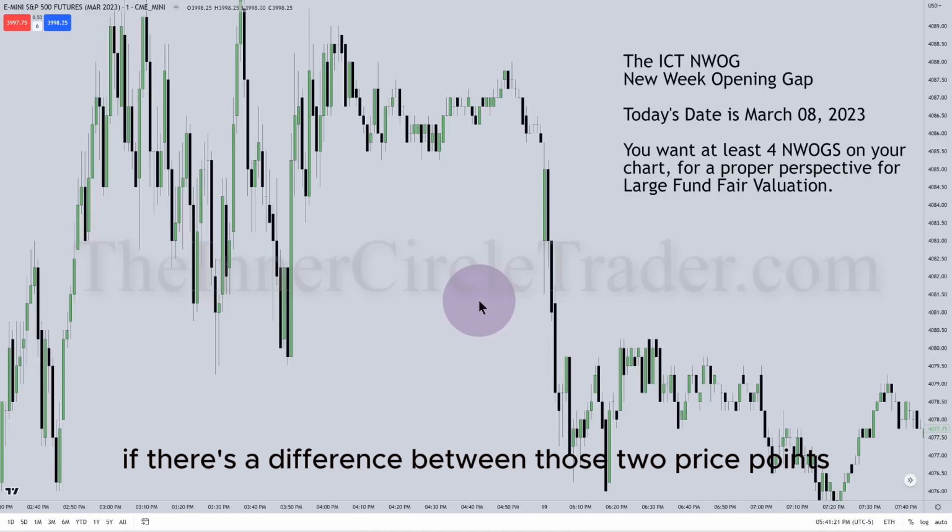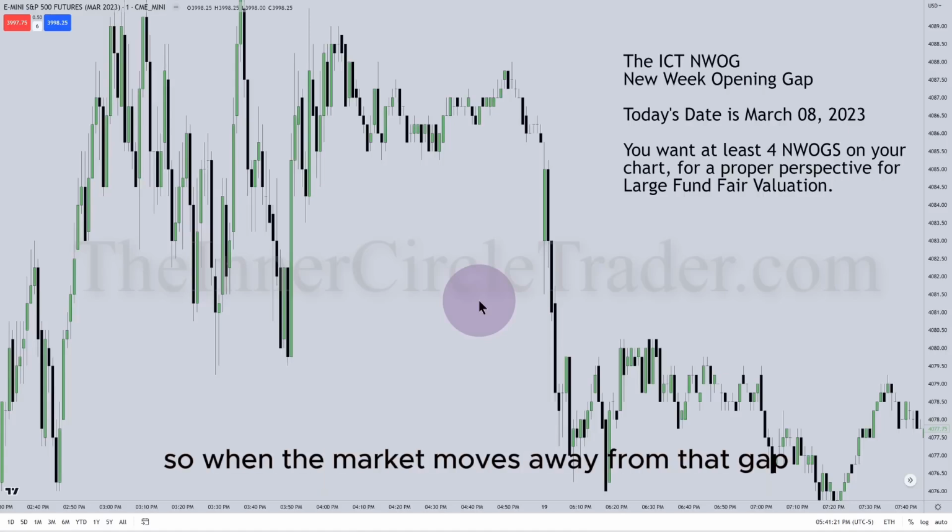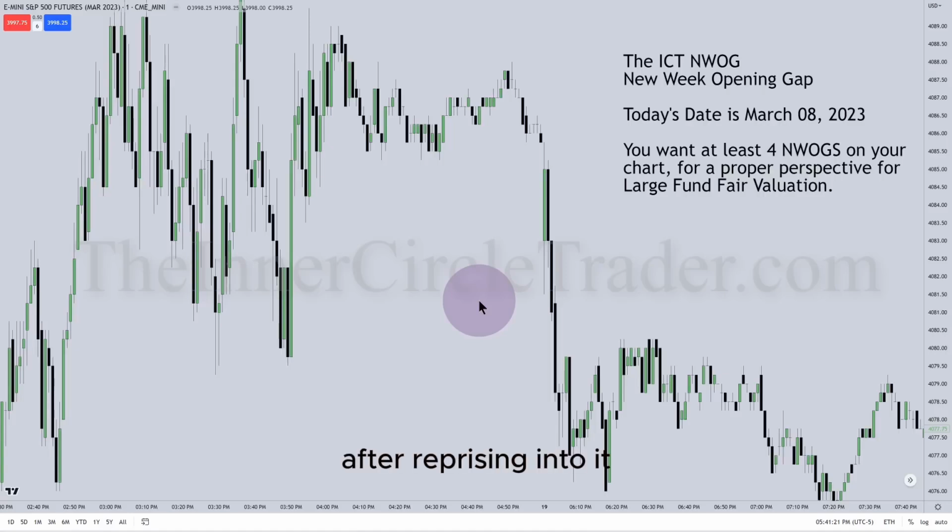So if there's a difference between those two price points, that gap is a real liquidity void. That's a real liquidity void. There's no trading there. So when the market moves away from that gap after repricing into it, it can refer back to it weeks ago, a month ago, or more.